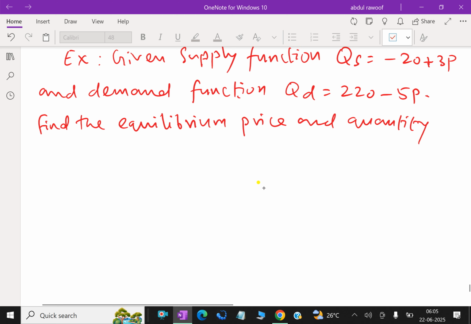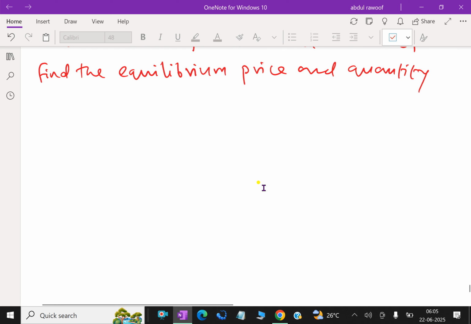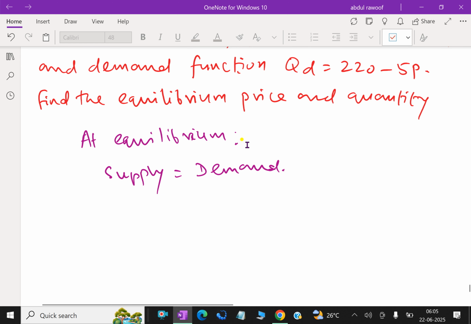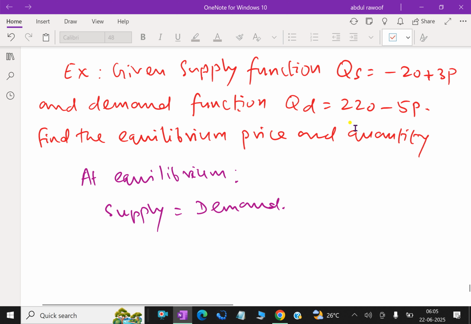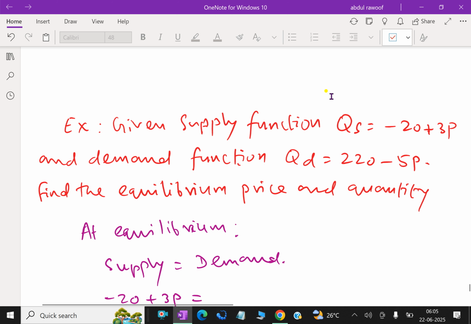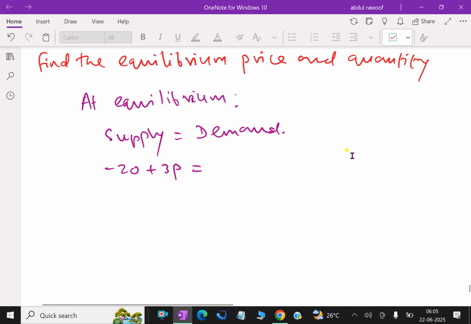So at equilibrium, the condition is supply equals demand. Equating both, we get minus 20 plus 3P equal to 220 minus 5P.